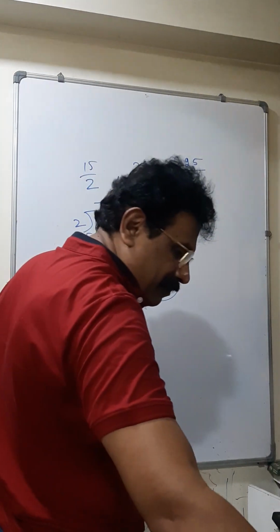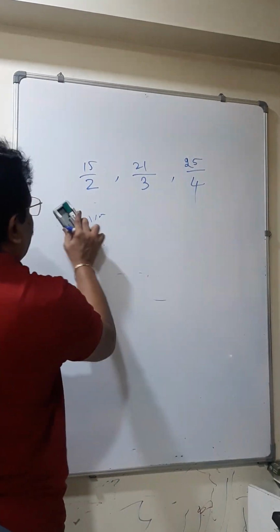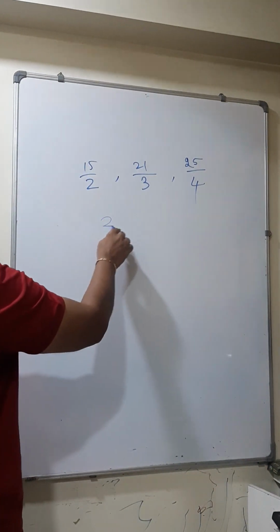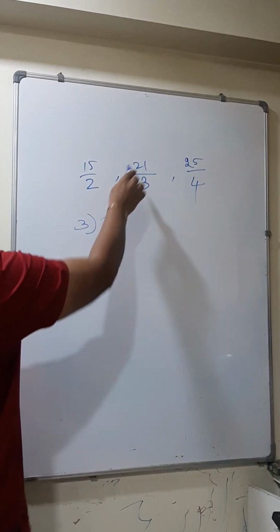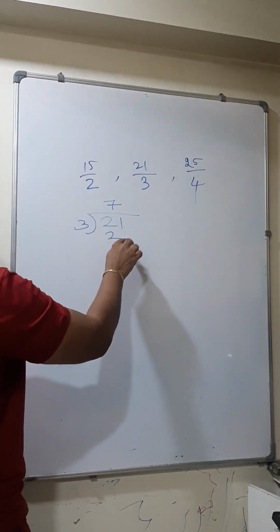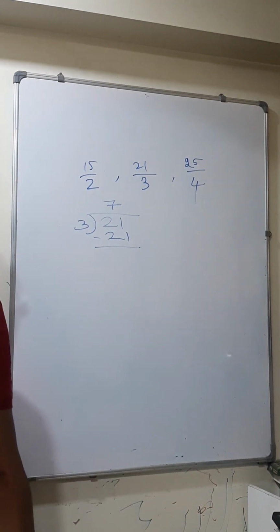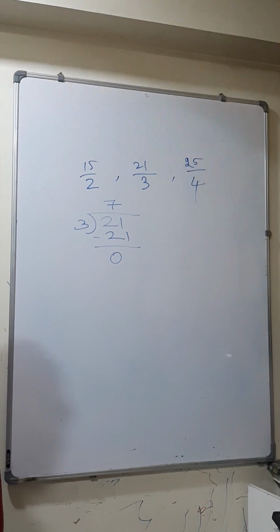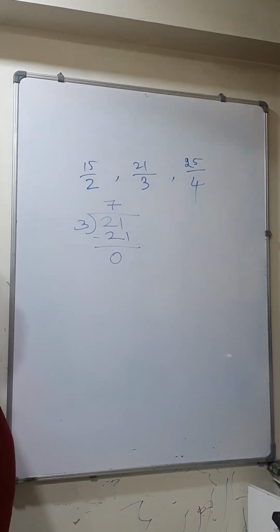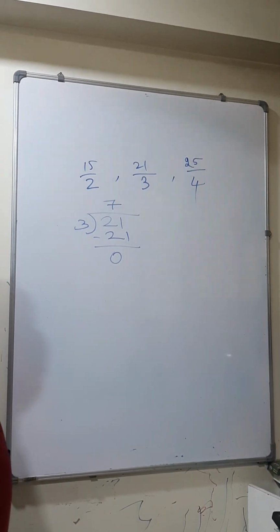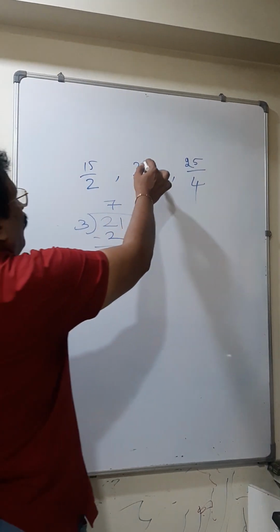Now the second one. Second one is what? 21 divided by 3. 21 upon 3 means 21 divided by 3. 3 sevens are 21. Remainder is 0. So now this you cannot write as a mixed fraction, because this number itself is not a fraction.